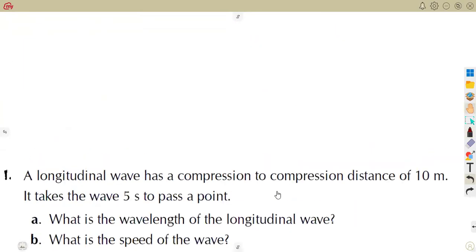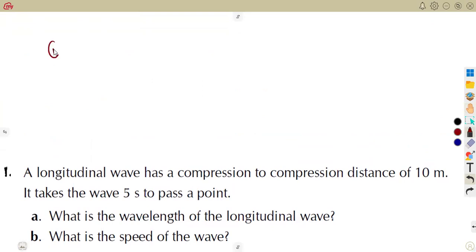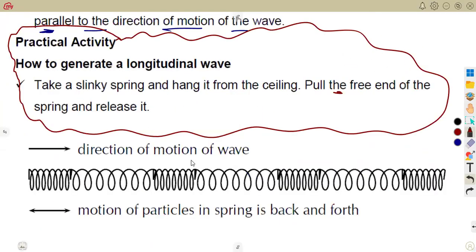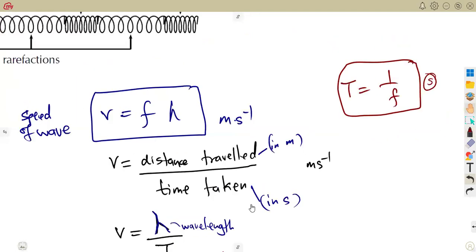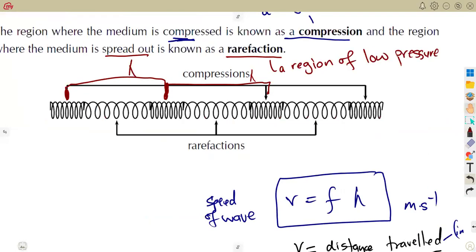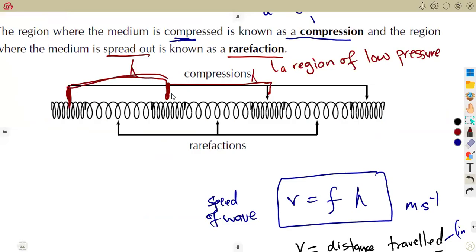For the first part, let's take our information. We are told that it's a longitudinal wave. Take note, the distance is from compression to compression, or from a rarefaction to another rarefaction.